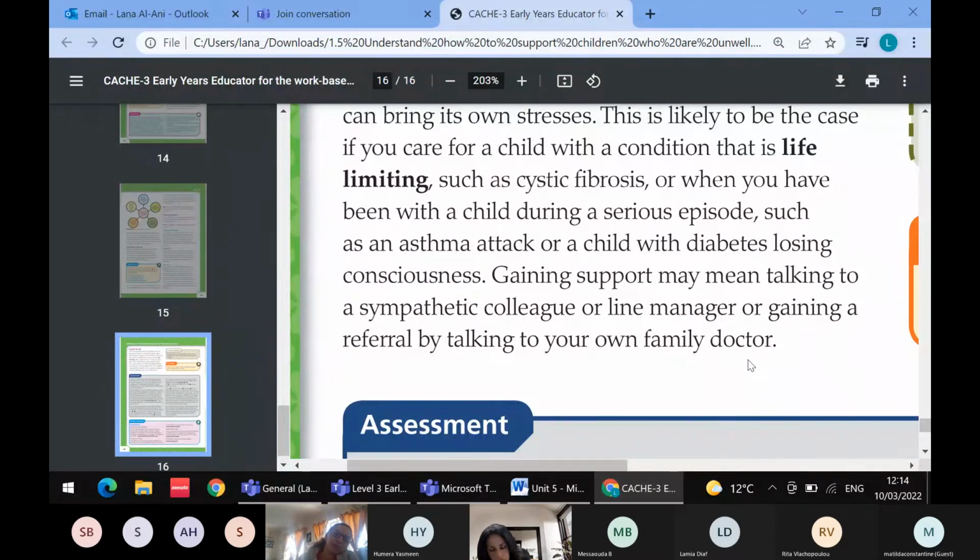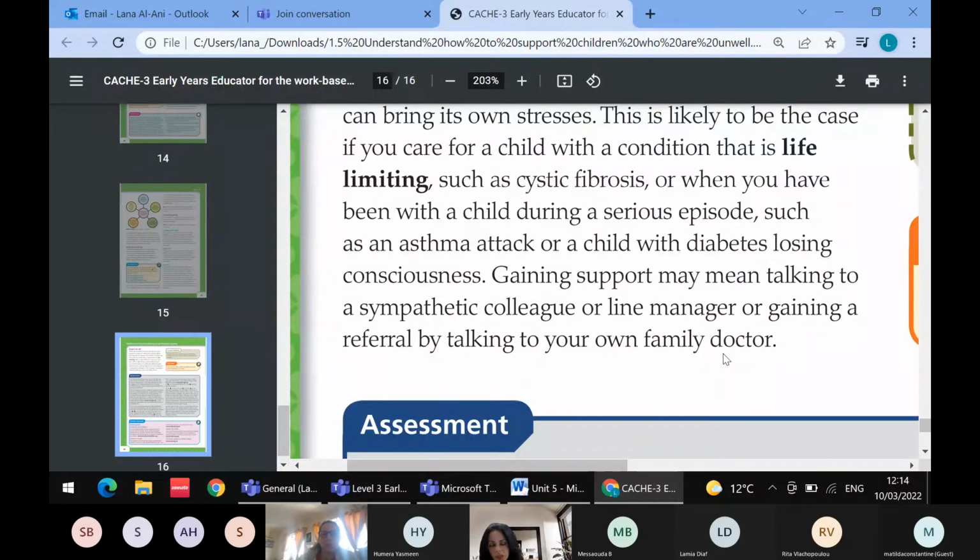Absolutely. Especially if it is a life-threatening illness, you need to make sure you take as much extra information and support as you can, from your colleague, your manager, the family doctor. You have all this information in the child file. Then you might need to contact them to get more information.